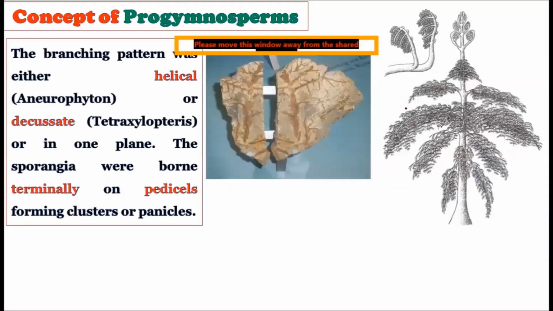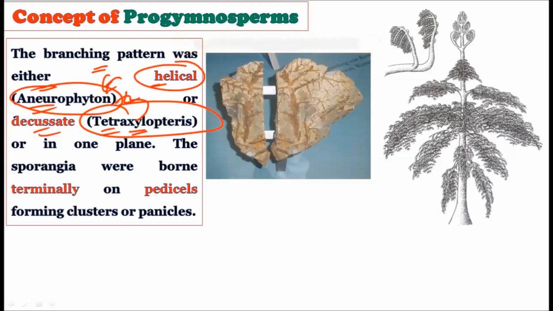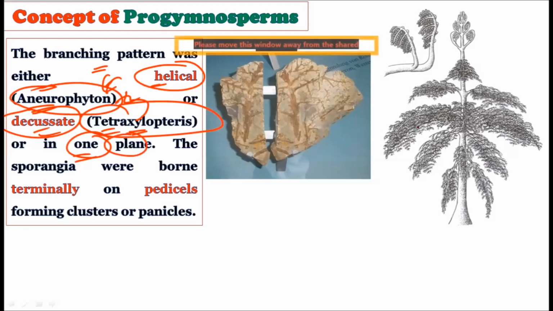Okay, now consider the branching pattern. How is the branching pattern? The branching pattern is either helical, which is found in Aneurophyton, or decussate, which is found in Tetraxylopteris. So both these plants show the helical and the decussate type of branching, or in one plane only. You can observe here in this particular plant how the branching is.